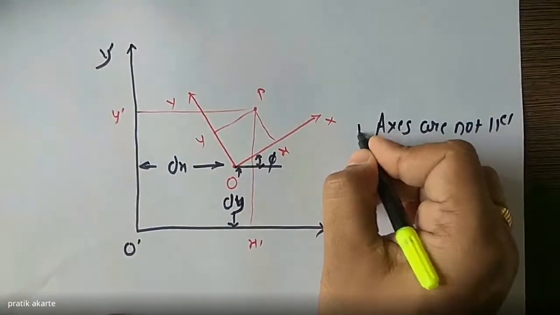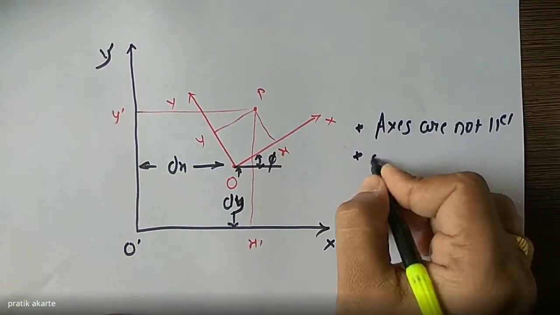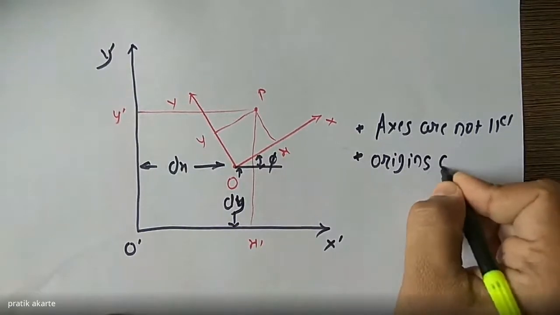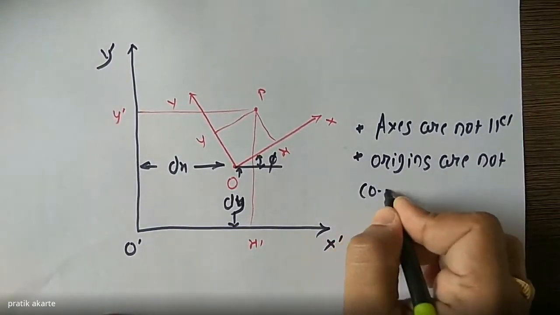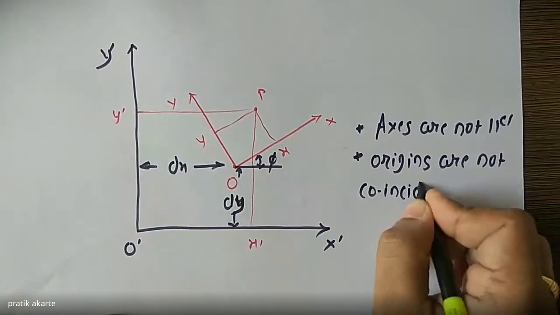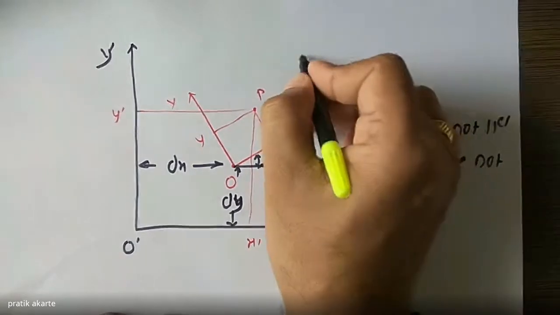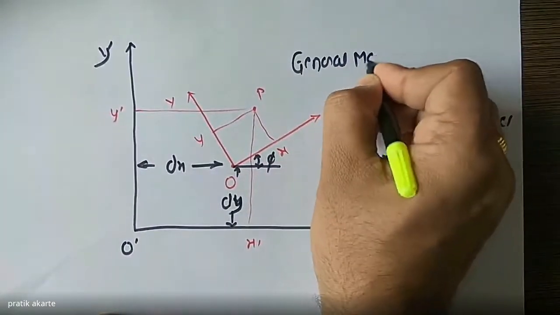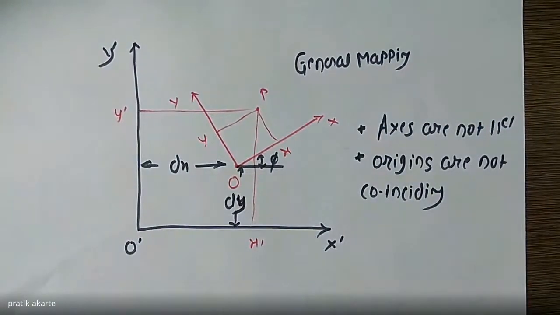Okay, this is one thing, and the second thing is your origins are not coinciding. So that's why it is called general mapping. Now you may say in the definition I said it is a combination of both.